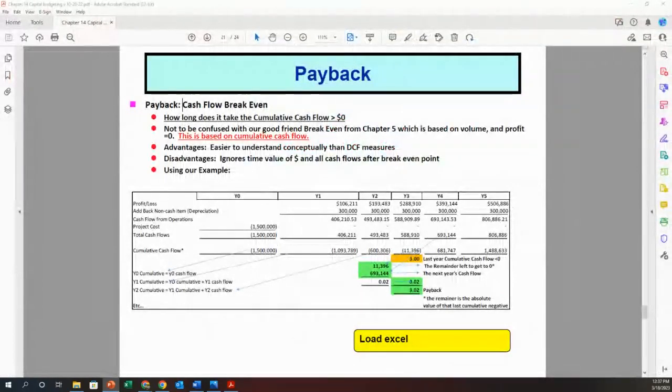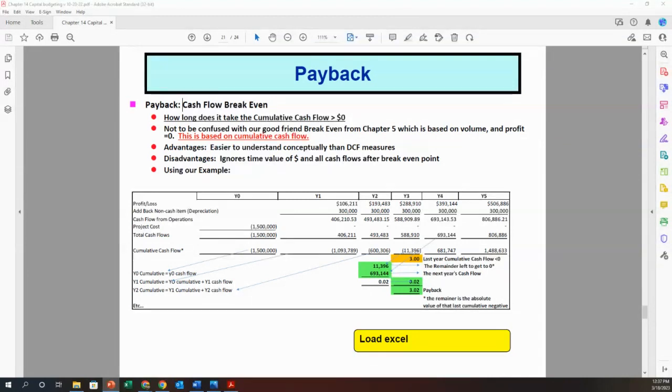And it's fairly unsophisticated because it doesn't take into account the time value of money.